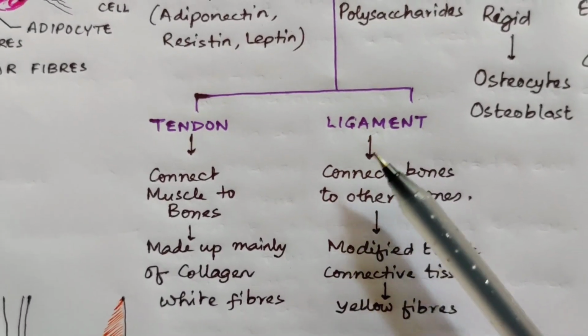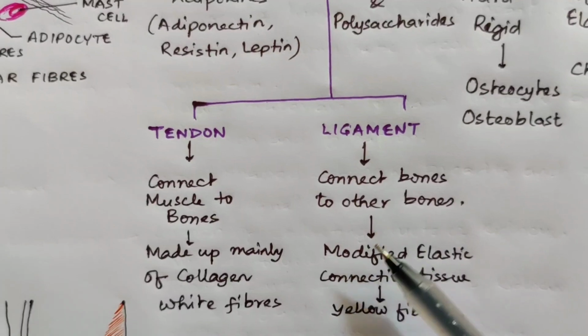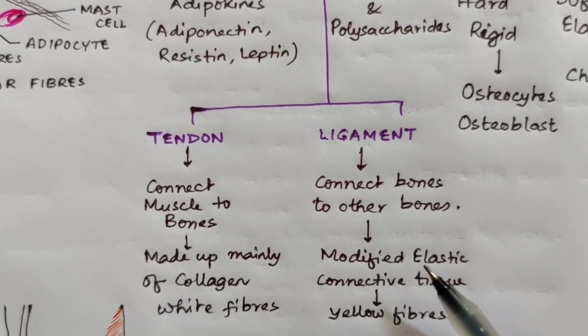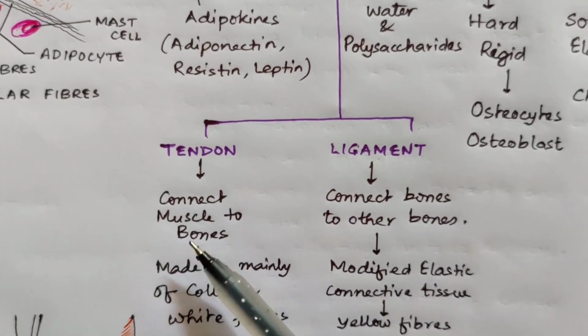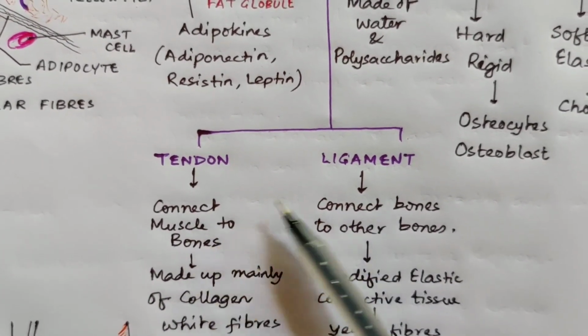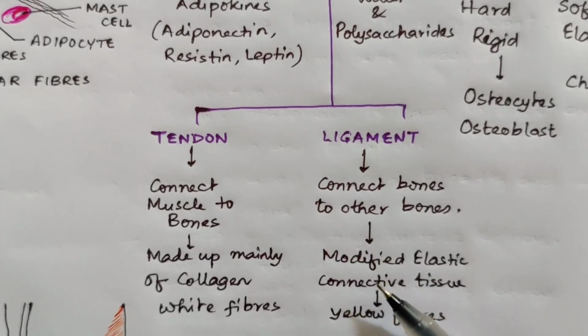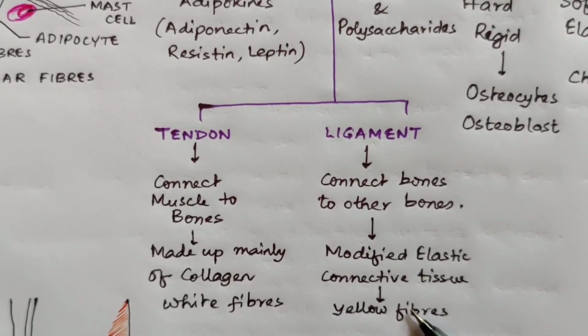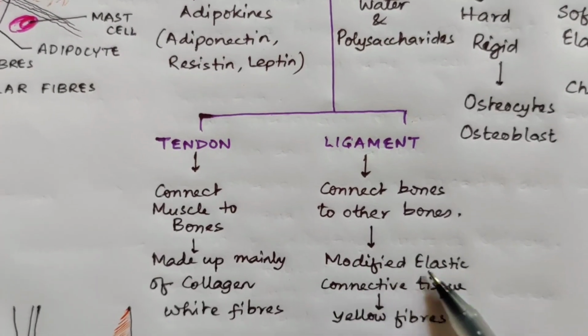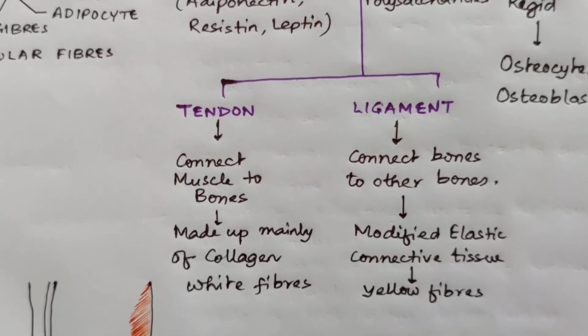And ligaments also are made up of fibers, but basically they are modified elastic connective tissue. They connect bones to other bones. Tendons connect muscles to bones. You can see the difference. So ligaments are basically yellow fibers. White fibers are also there, but more yellow fibers are there. They are modified elastic connective tissue.